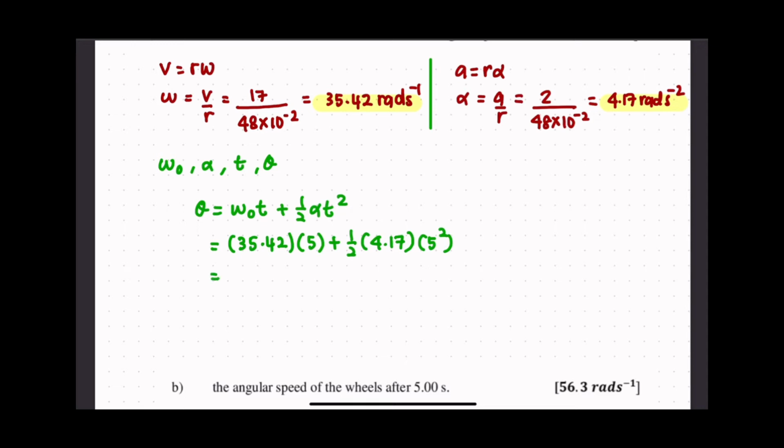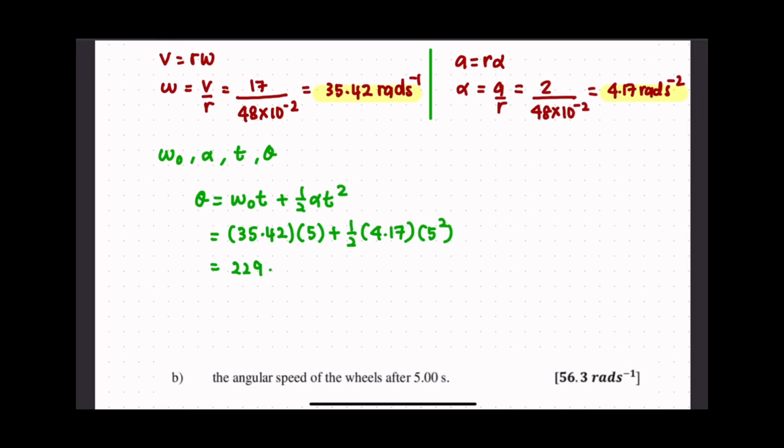So 35.42 times 5 plus half times 4.17 times 25. Okay, so 229.25 radian. So we need to change to the number of revolutions.